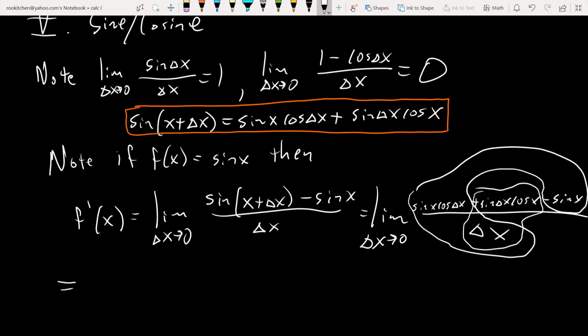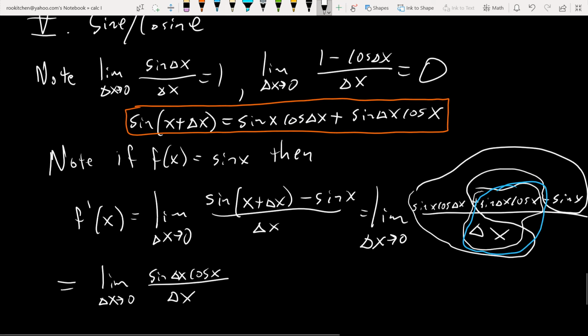So let's look at what those are. The middle part: limit as change in x goes to 0 of sine change in x cosine x all over change in x. So again, that was from the middle. That was this part. I'm circling in blue.